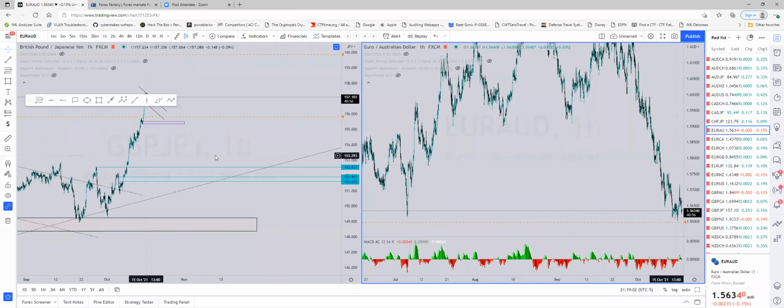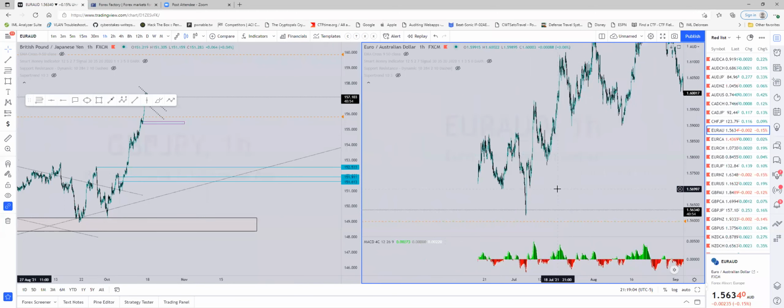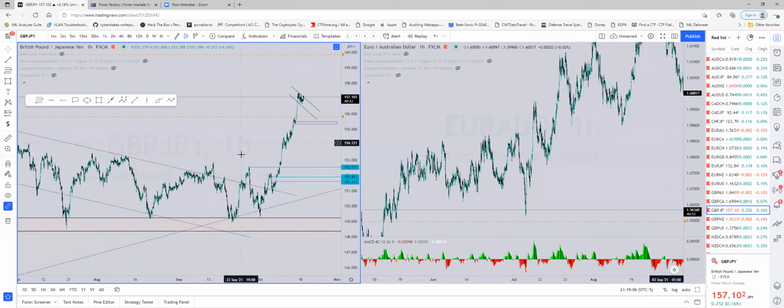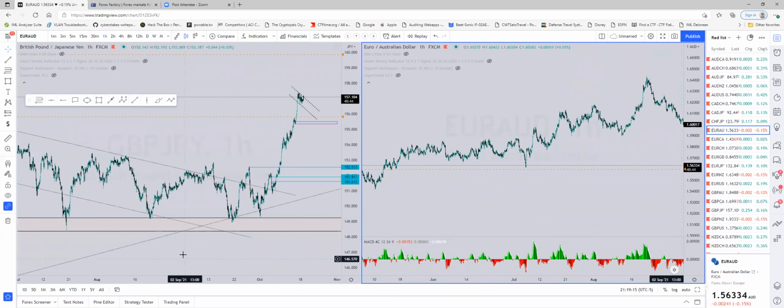You see what I mean right here? And as it was selling right here, as GJ was selling, you see EA was currently buying up.